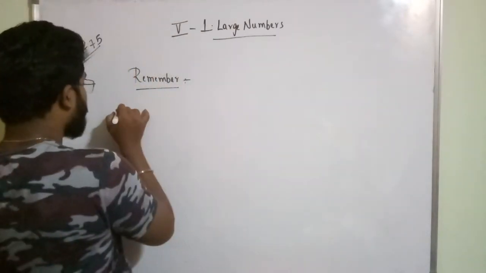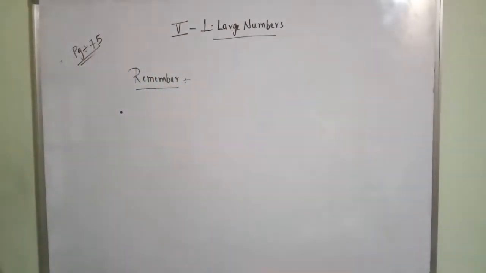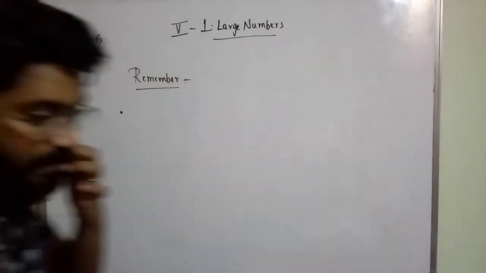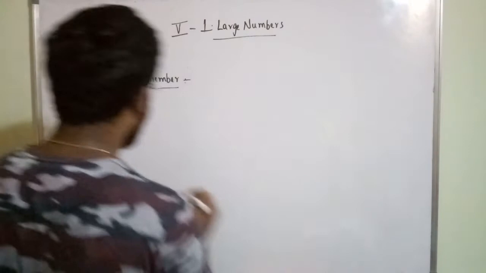So what is the third point? Third point is the smallest 12 digit number.